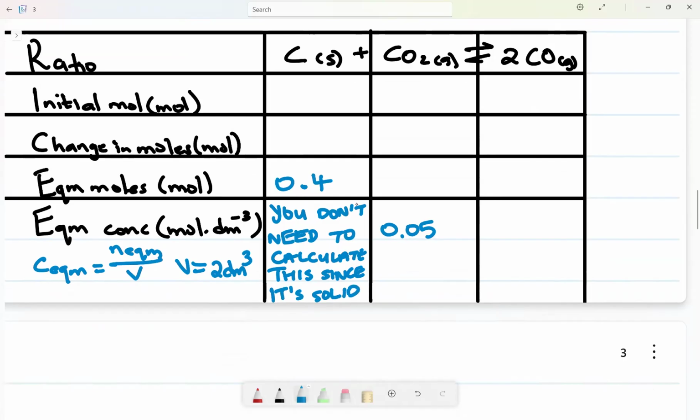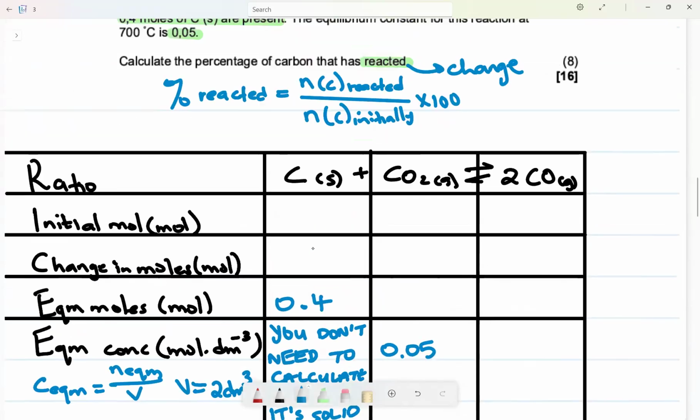Even if I can calculate the concentration of carbon, either way I won't use it in the Kc expression. So what is the use of calculating it if I won't use it?